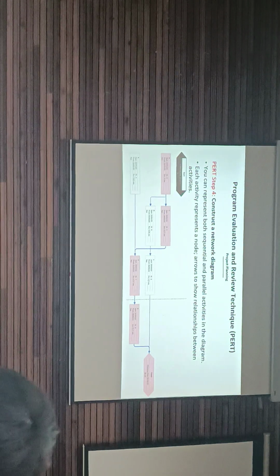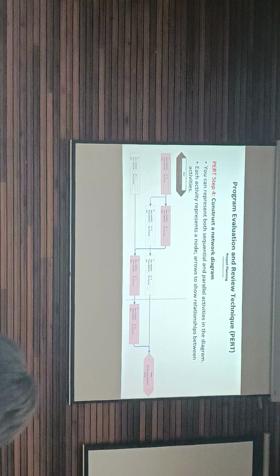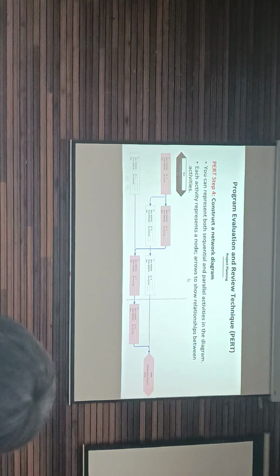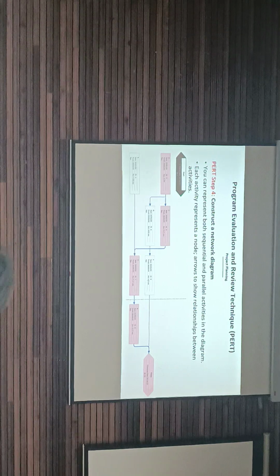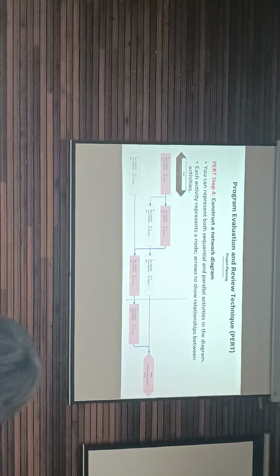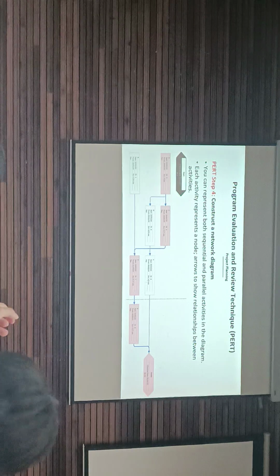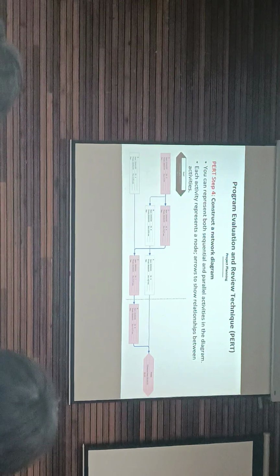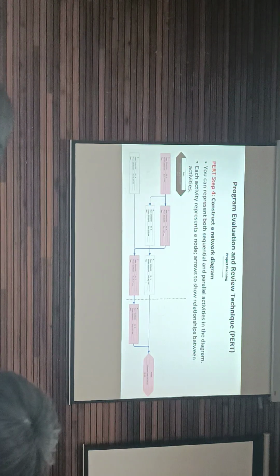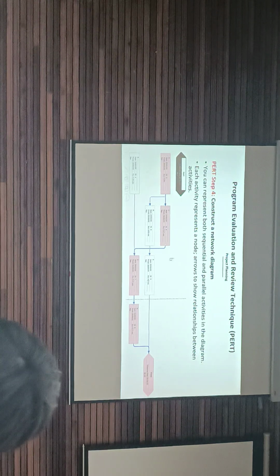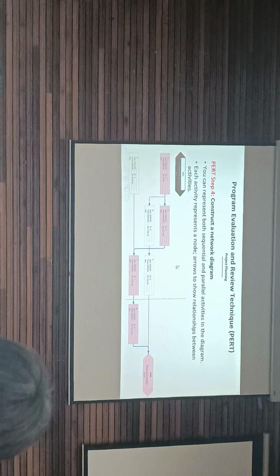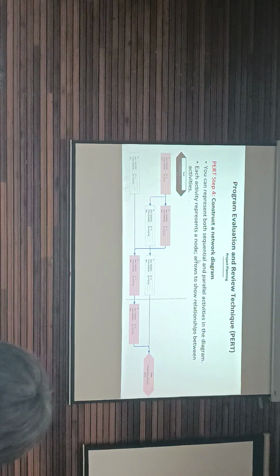So you have the task, duration, predecessor, then you can see the network diagram. The network diagram can show you the flow of tasks, and also which one is the critical path. So a network diagram can be automatically generated using software like Microsoft Project.